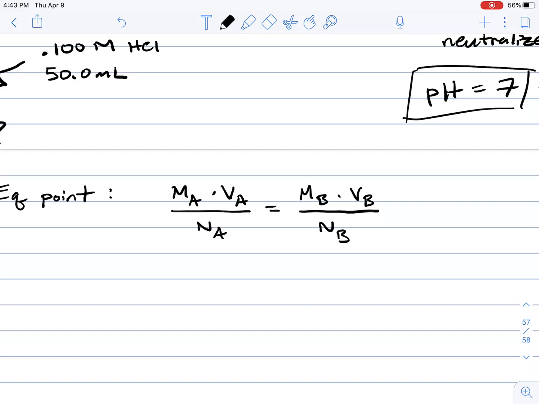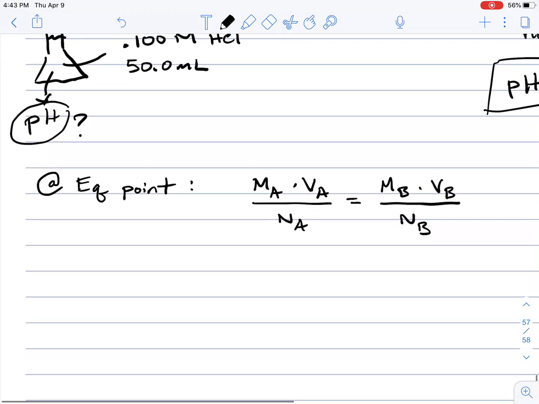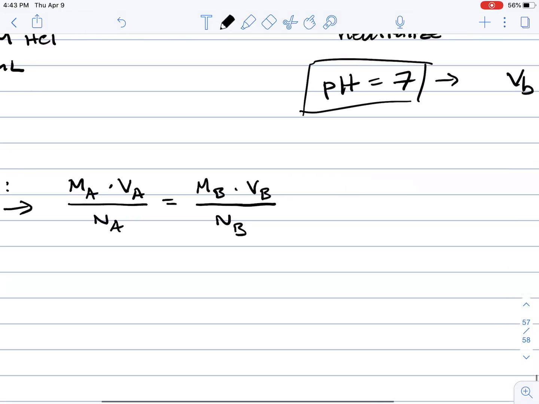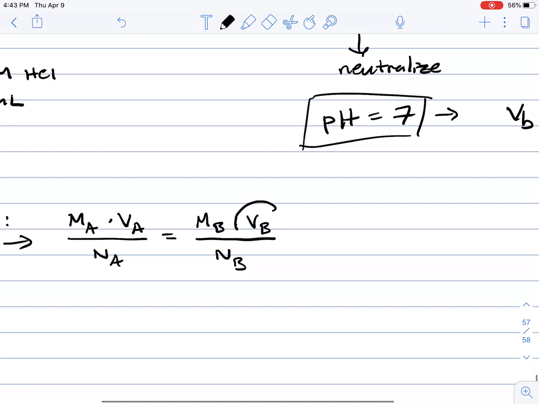And so in this scenario, when we're at the equivalence point, we can go ahead and use this equation. And by using this equation, we should be able to determine the volume of the base that we need to add to get us to our equivalence point.